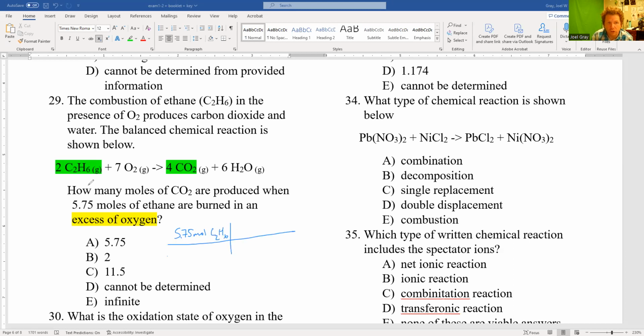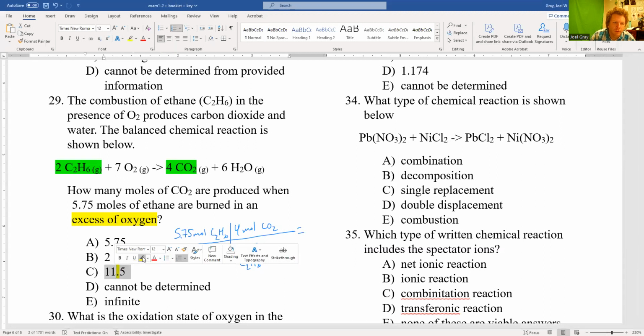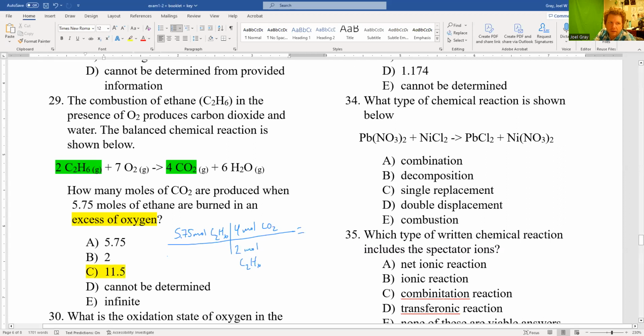Now I have a relationship between C2H6 and CO2. So I'm going to say 2 moles of C2H6 is equivalent to 4 moles of CO2. So I'd multiply 5.75 times 4 and divide that by 2. And what I would end up with is 11.5. So the correct answer for question number 29 is C, 11.5.